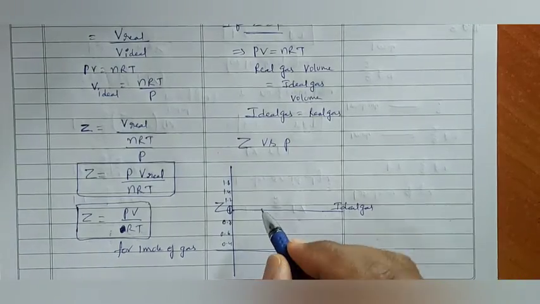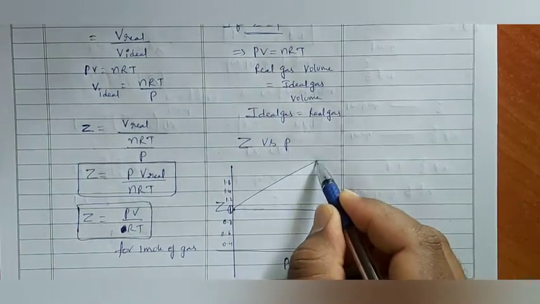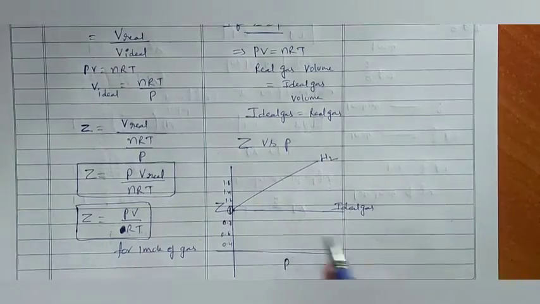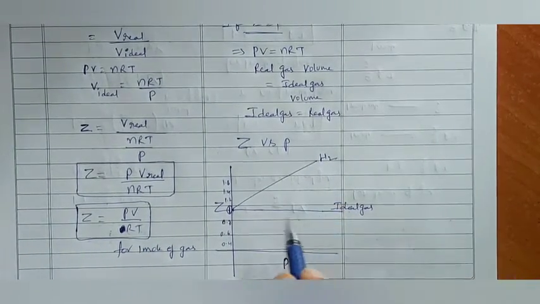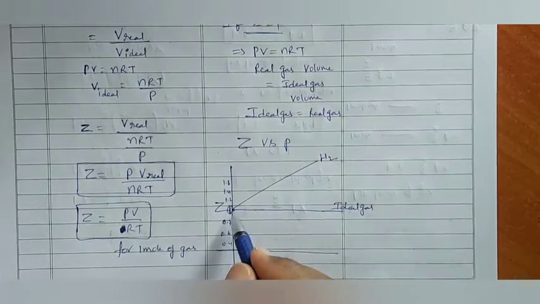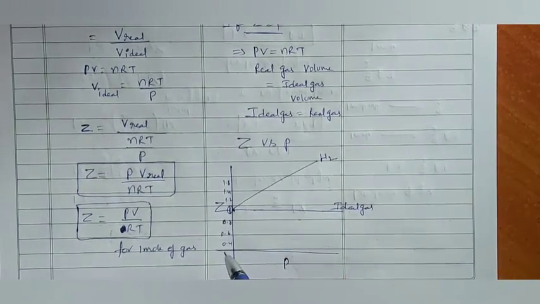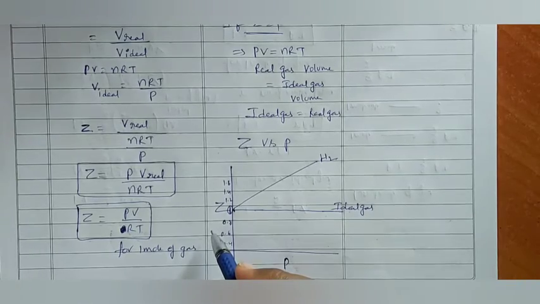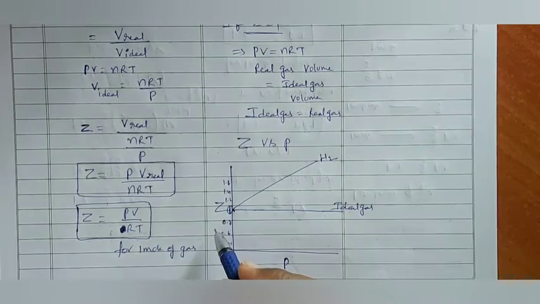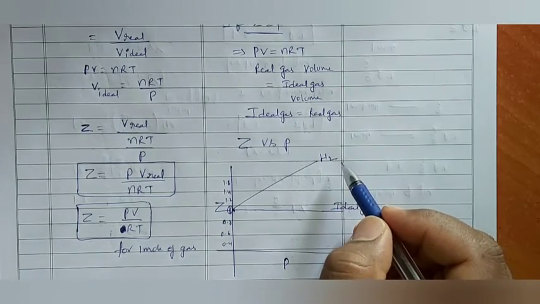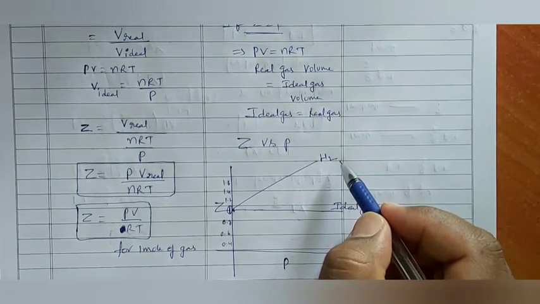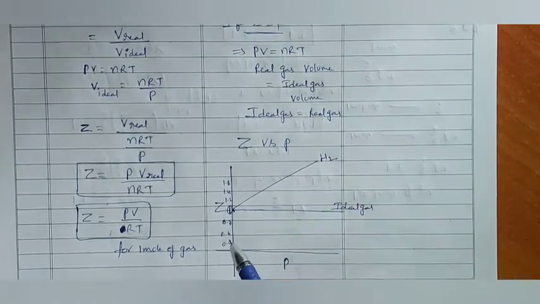But what about our real gases curve? This is for H2. At high pressure region, the hydrogen curve is very far away from ideal gas. But at low pressure, it is almost reaching 1. So by using the Z value, the compressibility factor, we can easily say whether a real gas is behaving like ideal gas or not. If a real gas Z value is equal to or getting equal to 1, then that real gas is behaving like ideal gas.